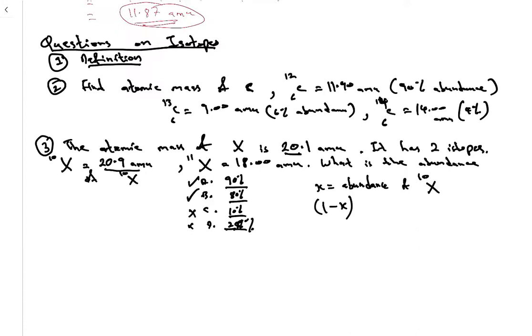And then you take the average. So you know that 20.1 is the atomic mass of X. And if you say that the 10X, which is weighing 20.9, has an abundance of X, and the other one, which is weighing 18, has an abundance of 1 minus X, you can actually mathematically solve it.